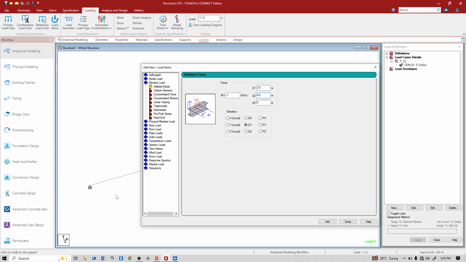This GY direction load is minus, because the load is downward, d1 is starting point 2.5 meter and d2 is ending point 4.5 meter.